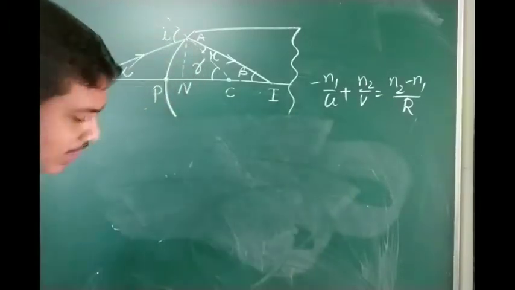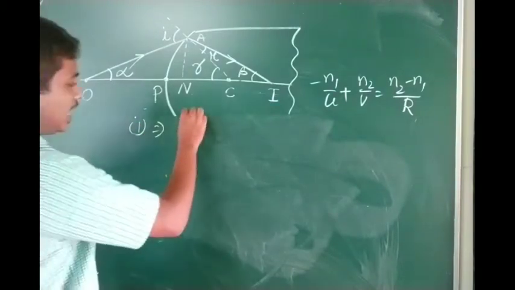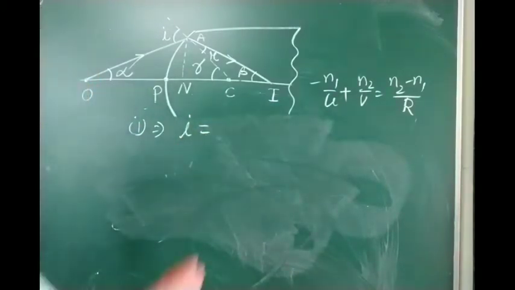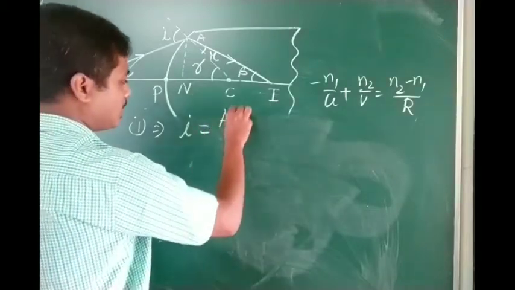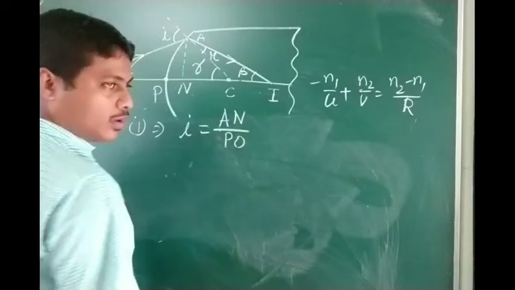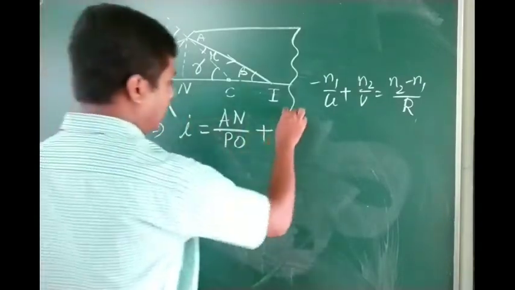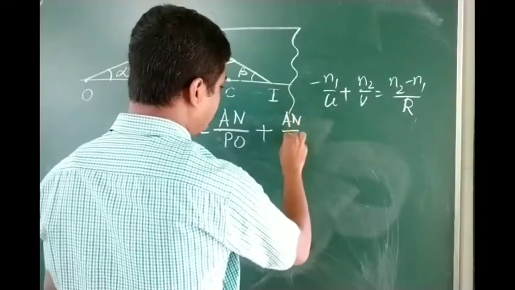Now if I put the values in equation number 1, we have I is equal to alpha plus gamma. So I will be equal to AN by PO plus AN by PC.